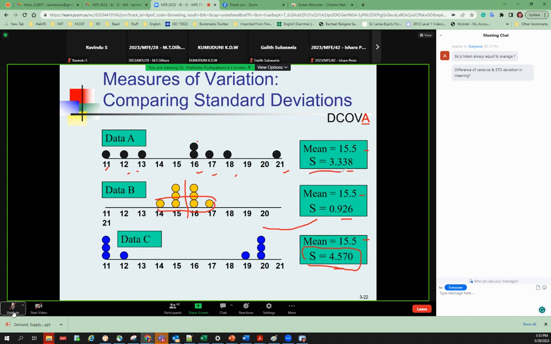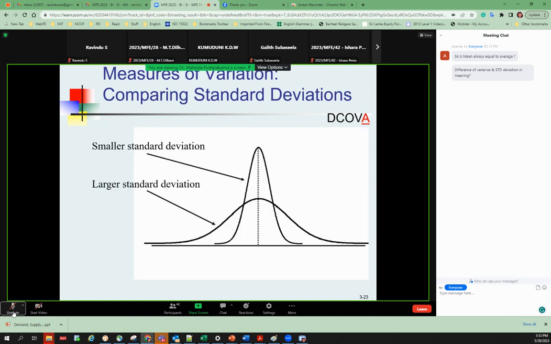This one is 3.38 compared to that one. Some observations are around the mean, but some deviate from the mean. This is the way to interpret standard deviation. This shows a graphical presentation. Later we will learn how we can derive this type of curve. This is data set 1, small standard deviation, large standard deviation.